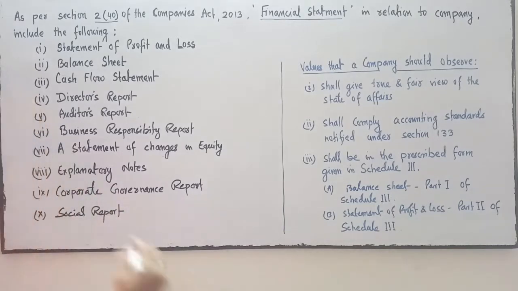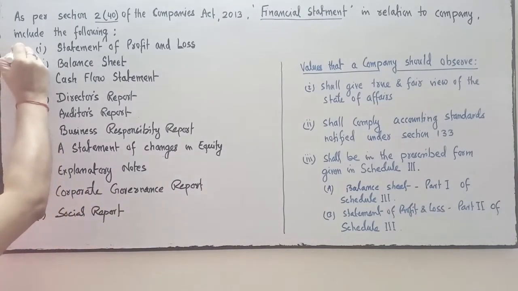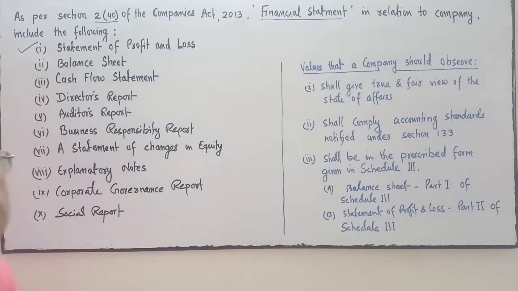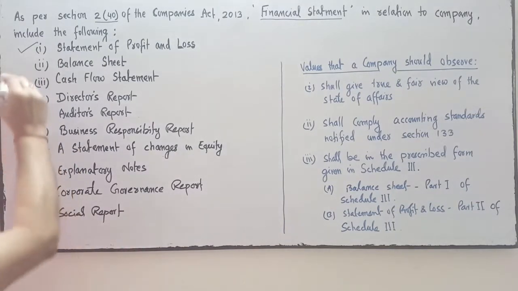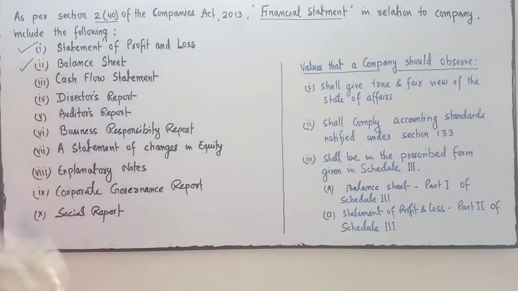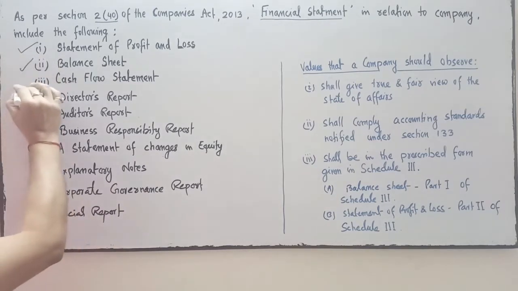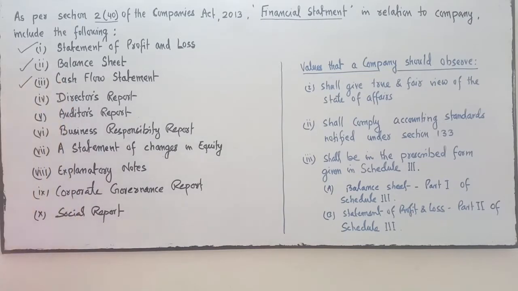First one is statement of profit and loss. Second one is balance sheet of the companies. Third one is cash flow statement.